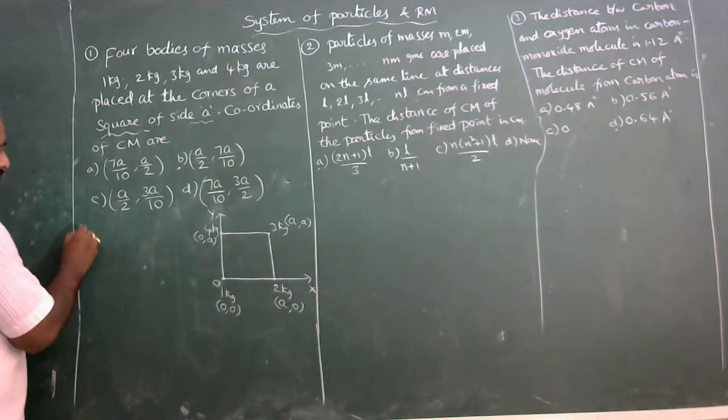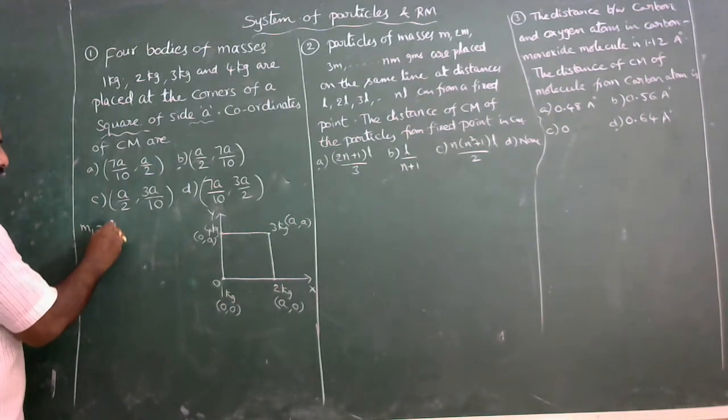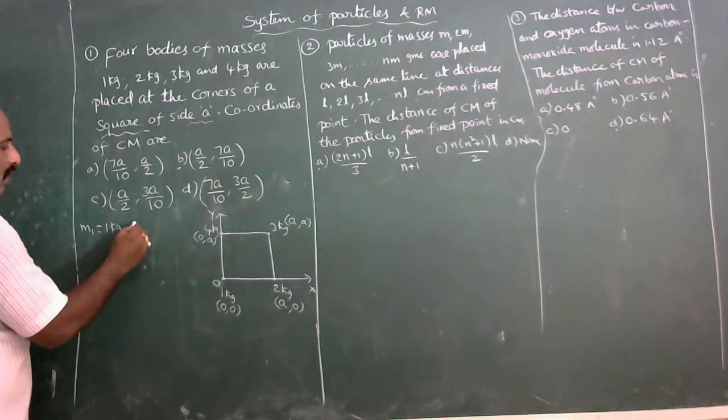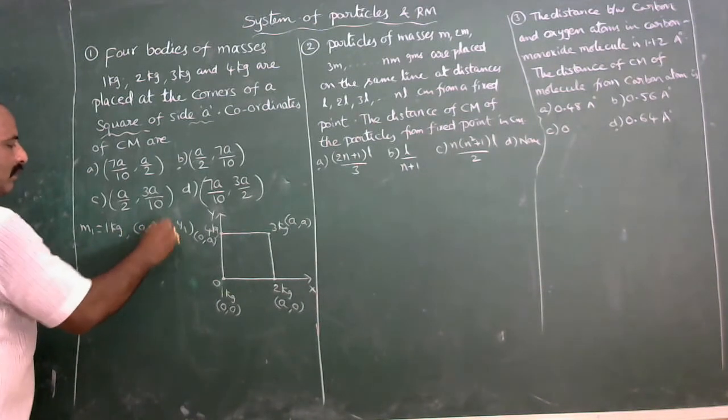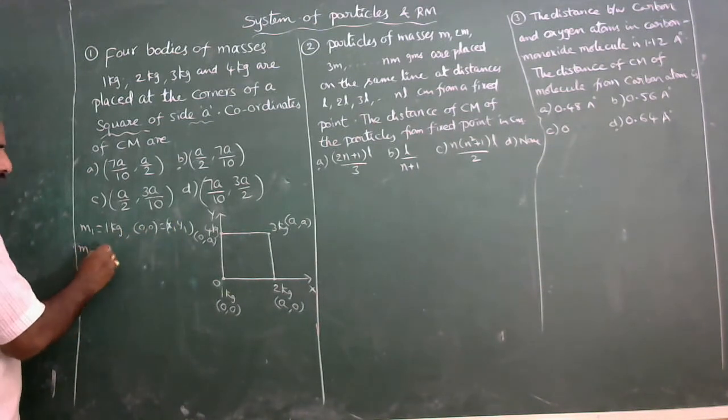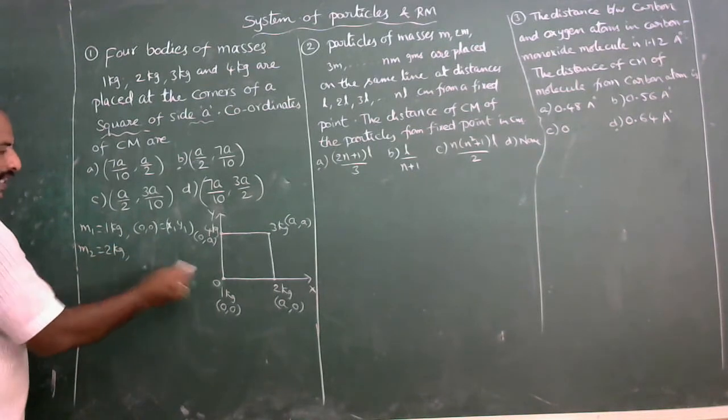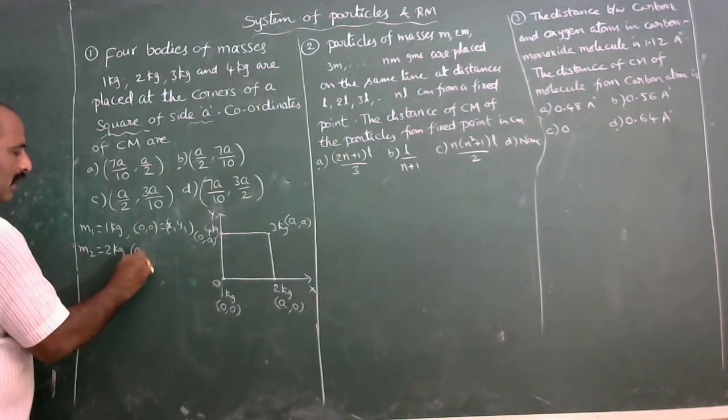Now see, first one m1 is equal to 1 kg and corresponding coordinates are 0, 0. These are nothing but x1, y1. Similarly m2 is equal to 2 kg and corresponding coordinates are A, 0.